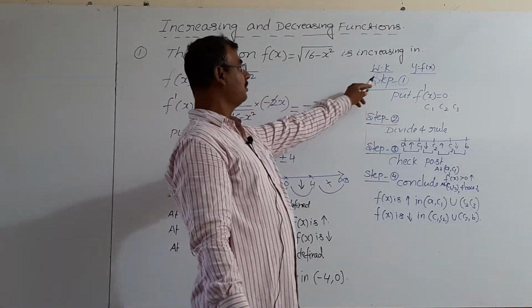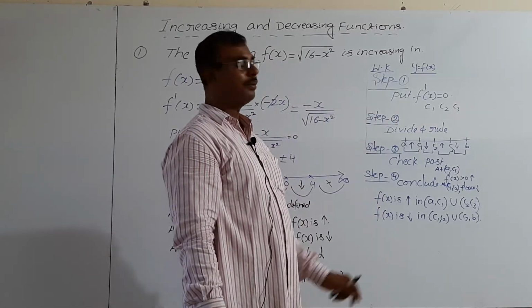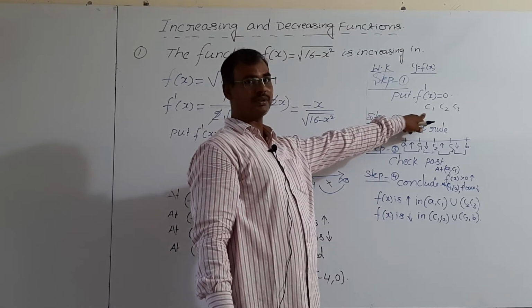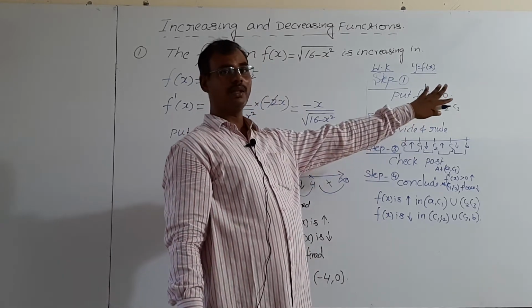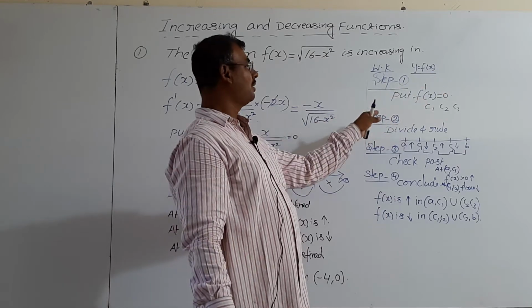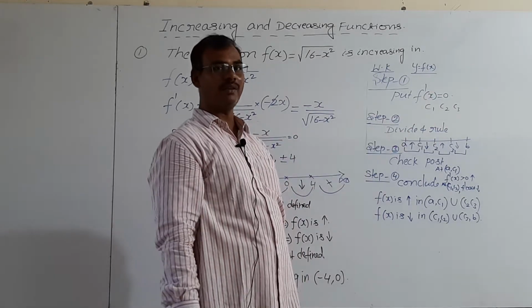Step number 1, put f dash of x equal to 0 and find the roots. Step number 2, divide and rule: take the roots on the real number line and find the subintervals.